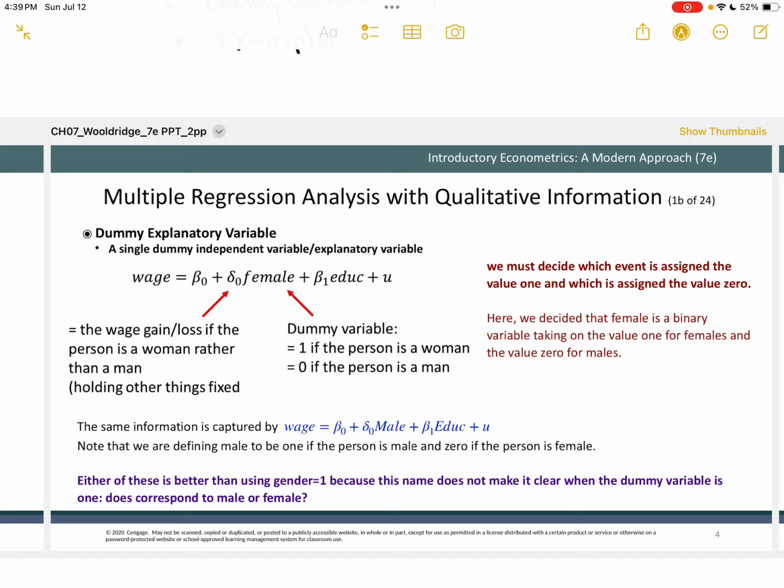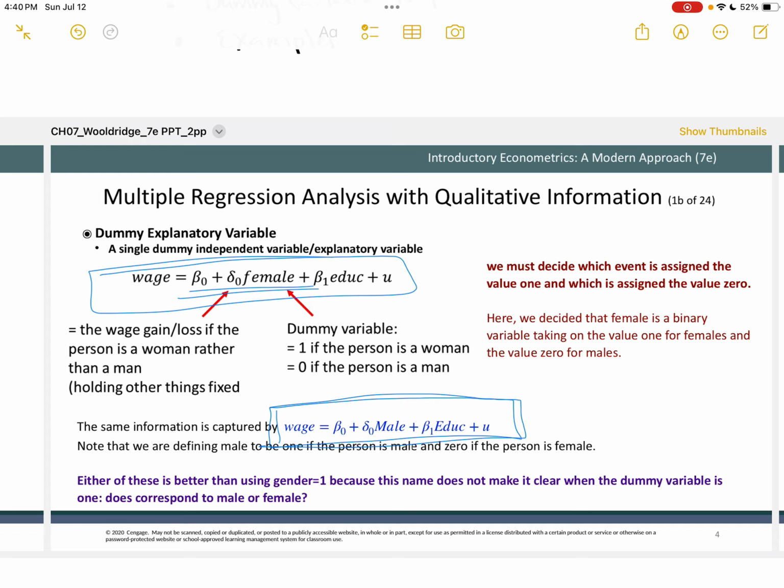If you name it male, then whenever the qualitative information says male, it takes a 1, otherwise it takes a 0. And if you name it female, then wherever it's a female, it takes a 1, otherwise it takes a 0. So this is your econometric model here. Your econometric model could have been written as this too.